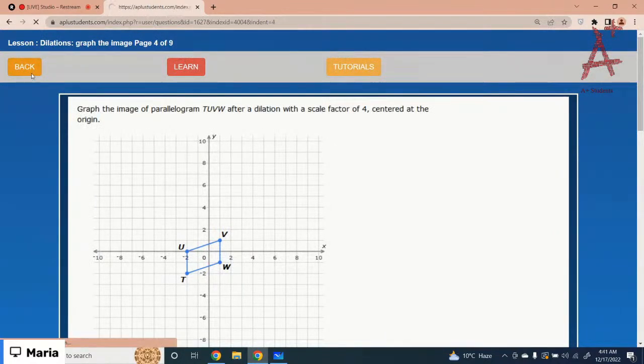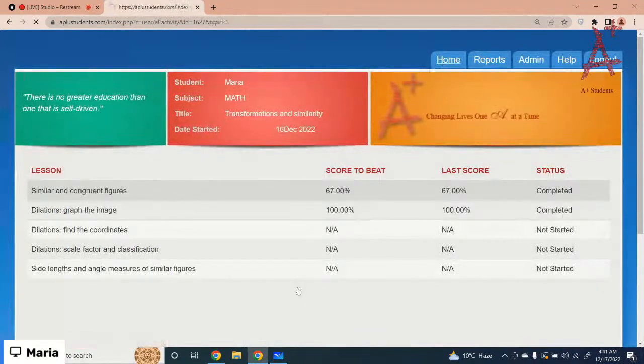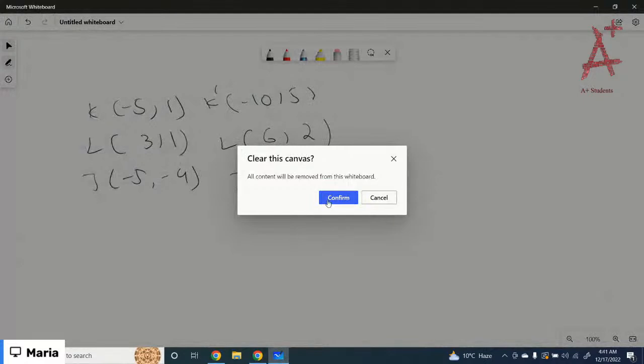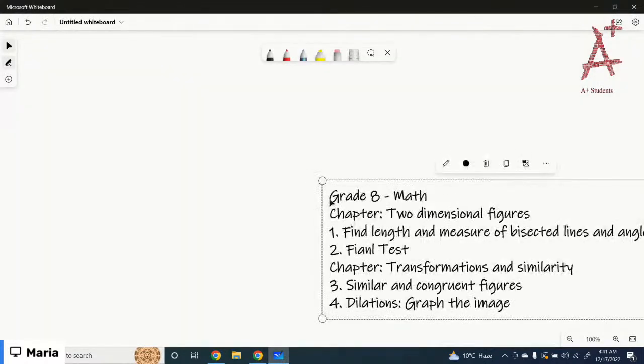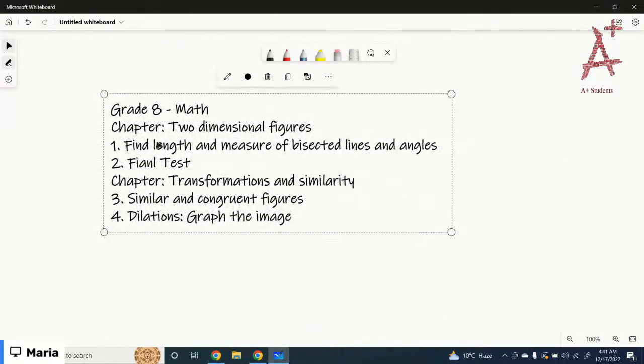Okay, you can complete the test by yourself later today. So here is the list of the lessons we have covered today. We started with the chapter two-dimensional figures, and the lessons are find length and measure of bisected lines and angles.